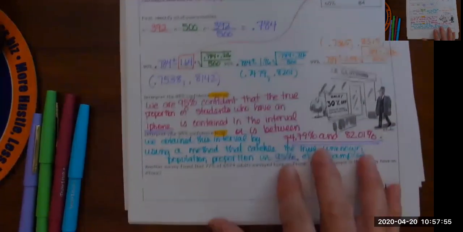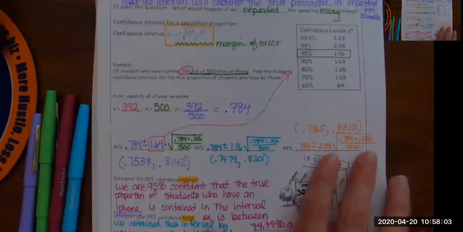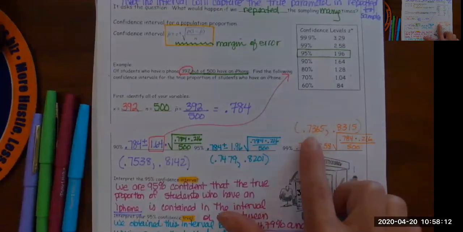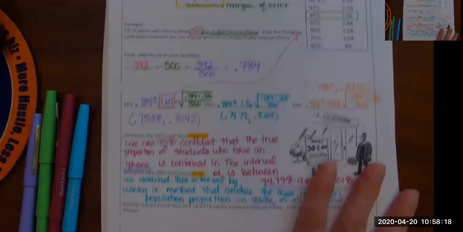But remember, as you increase your confidence level, as you go up to 99%, you get a little bit wider. So you're not saying that we think it's between 75 and 82. If we went down here, we'd say, well, it could be between 74 and 83.